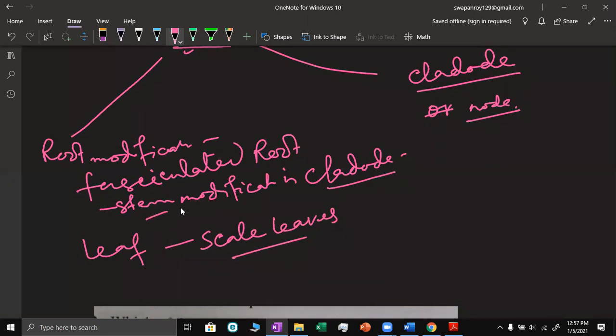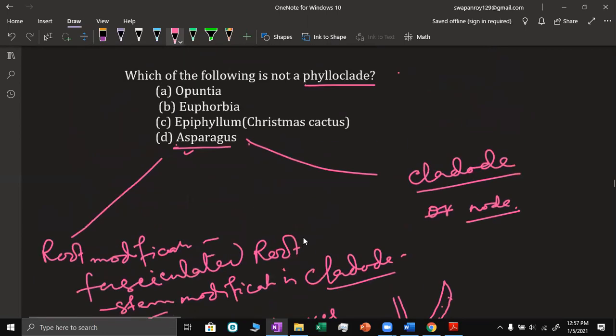The leaf-like structures we find on the stem at the node are branches, but they look like leaves, flat and green. The entire plant is green. All these are phylloclade.